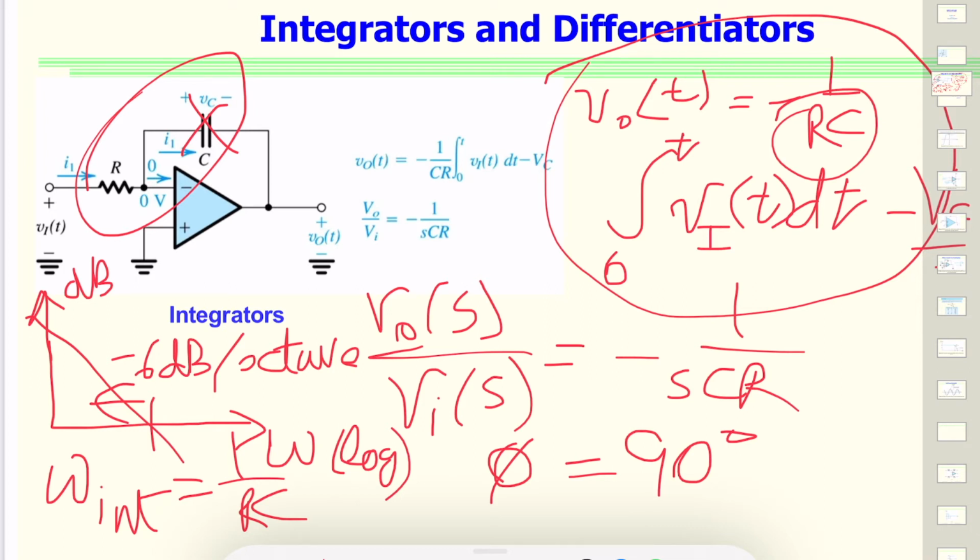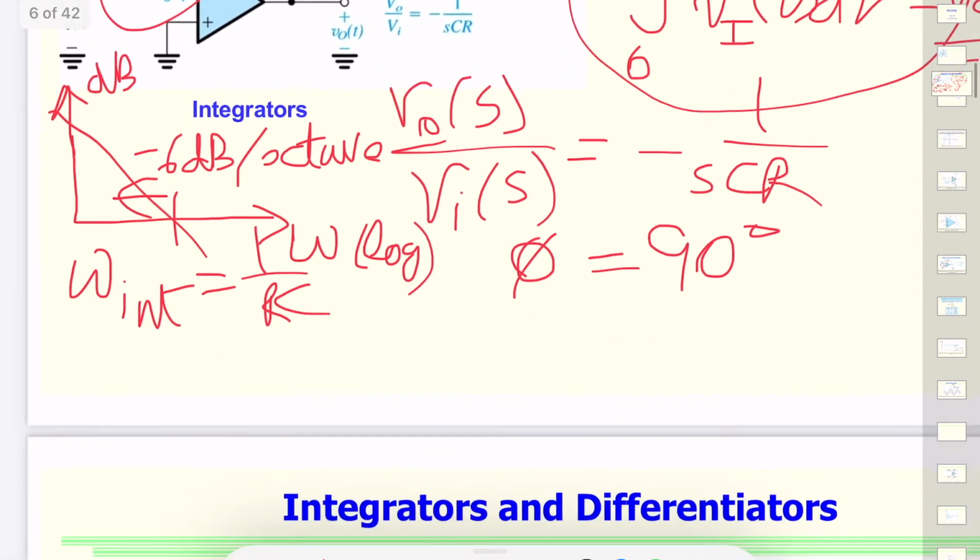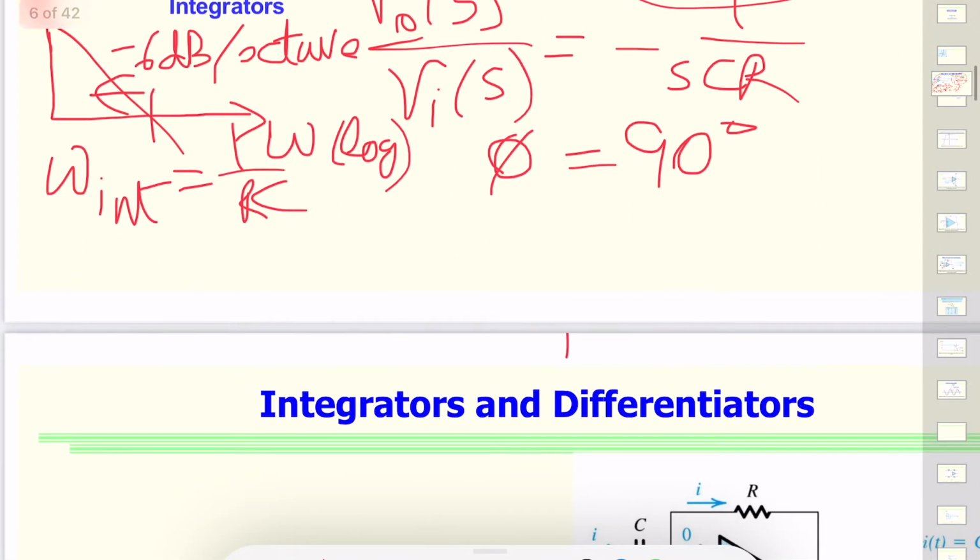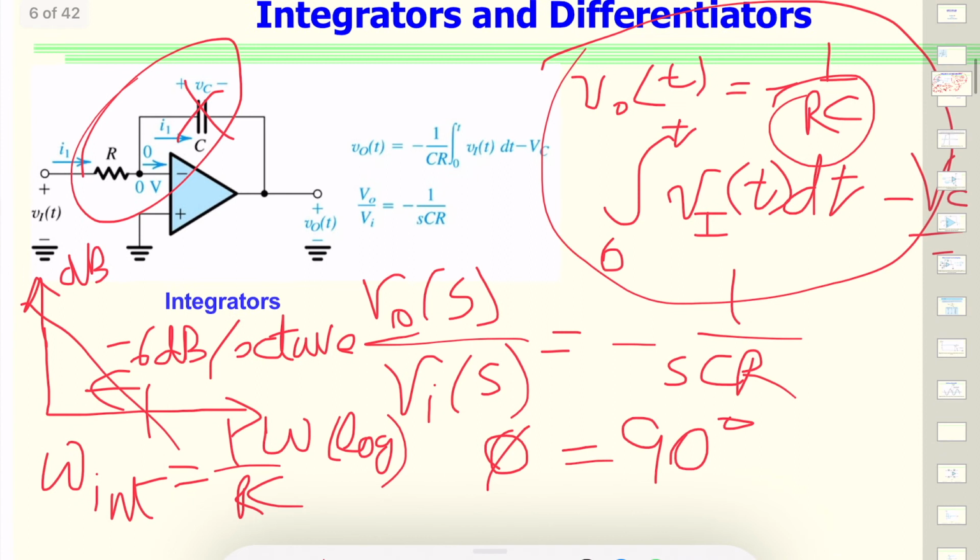So what we do is we add a feedback resistance, so we can get DC gain when it's working at low frequency or zero frequency.